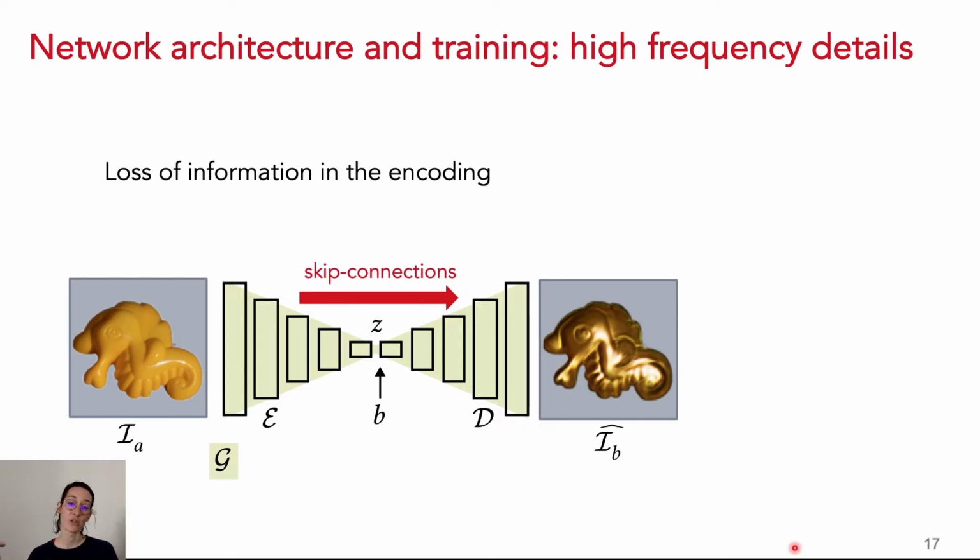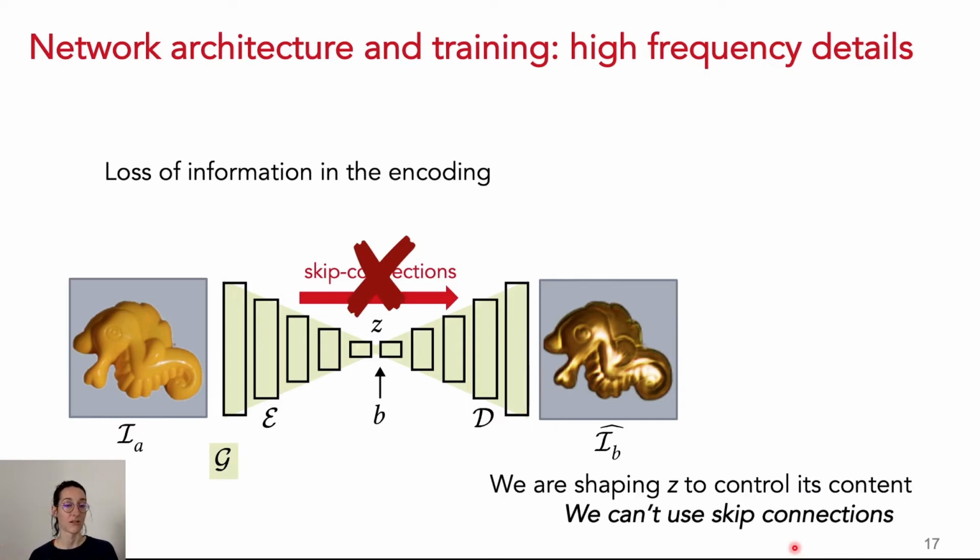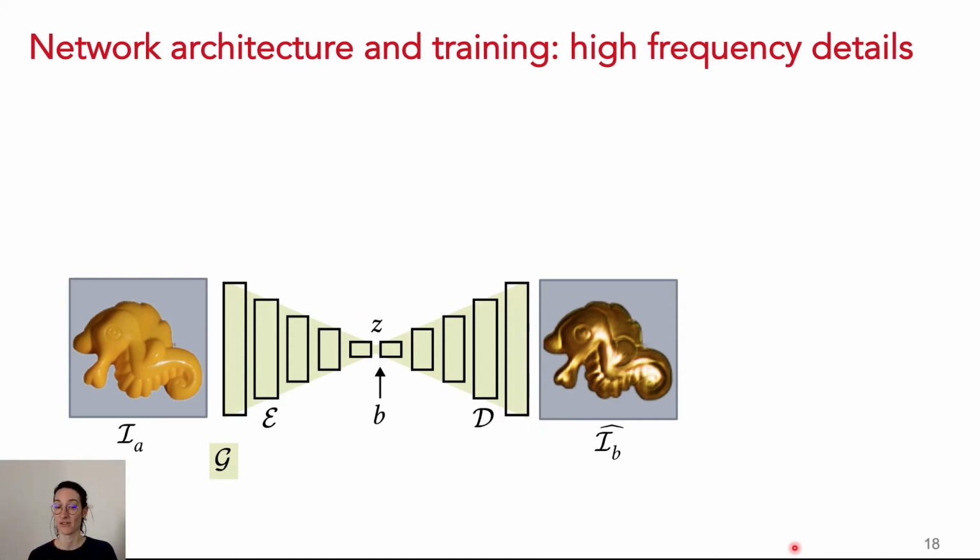Now remember that we're trying to shape the latent space to control its content, so we can't use skip connections. Otherwise, all of this information that we try to not include in the latent space will be forwarded, and we lose our shape editing. So how can we get high frequency details without using skip connections?